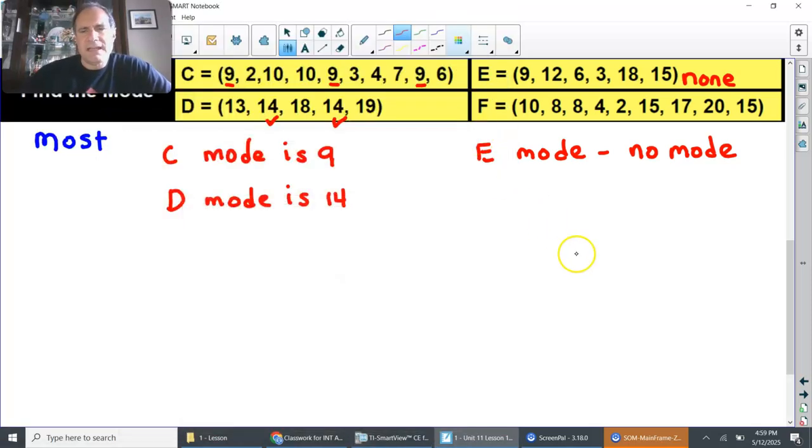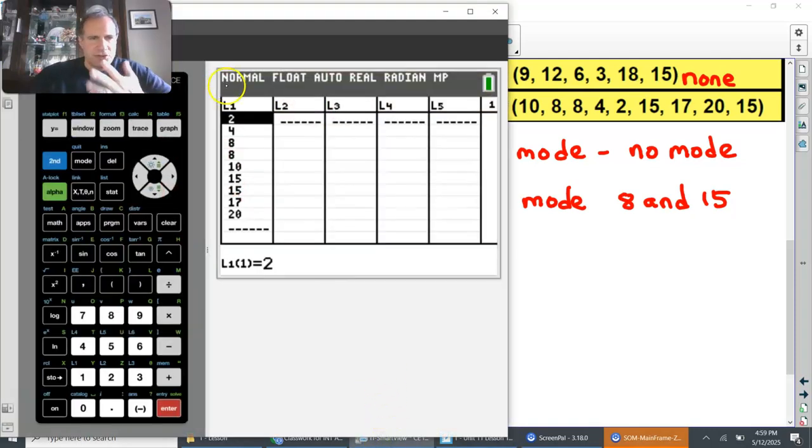So if 8 is used twice and 15 is used twice, the mode is 2 numbers, 8 and 15. And you could see it easily, as this is sorted from least to greatest.